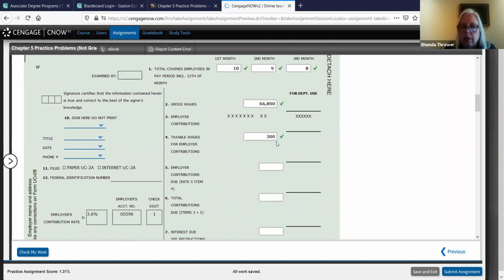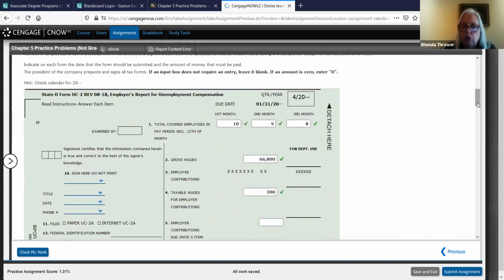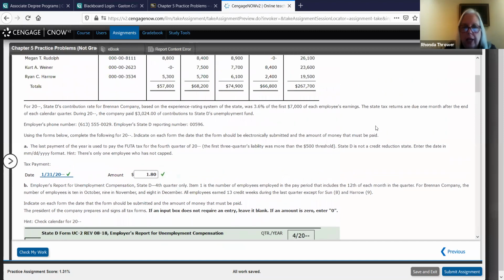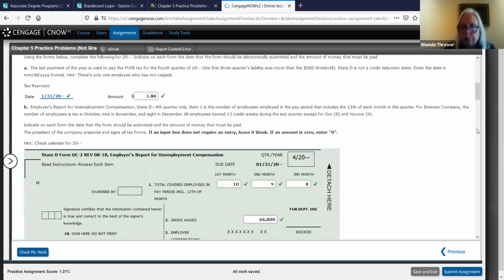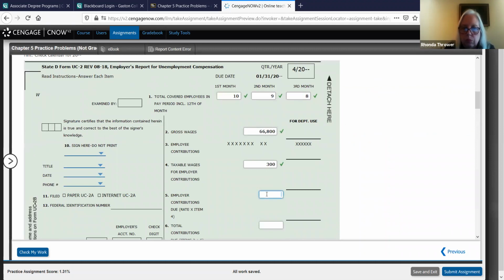So we're going to have to take these $300 wages that were subject to the state tax. The state tax was 3.6%. So 300 times 3.6% gives you $10.80. So $10.80 goes here.